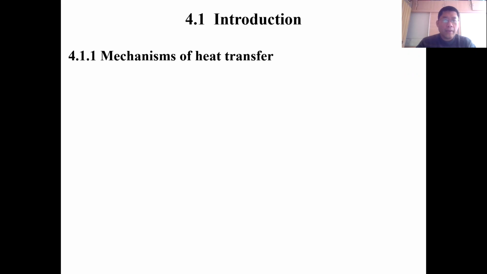Today we will learn the mechanisms of heat transfer. The mechanism of heat transfer means how the heat is transferred. In general, there are three basic heat transfer mechanisms.